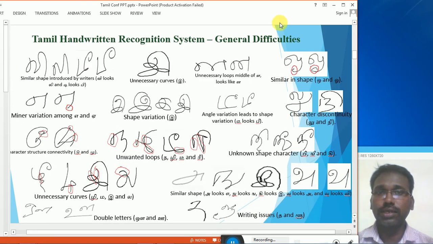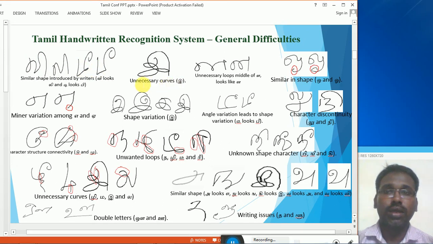The general difficulties found among Tamil characters: there are similar shapes introduced by writers. Unnecessary curves, unnecessary loops in the middle of a character make one character look like another.